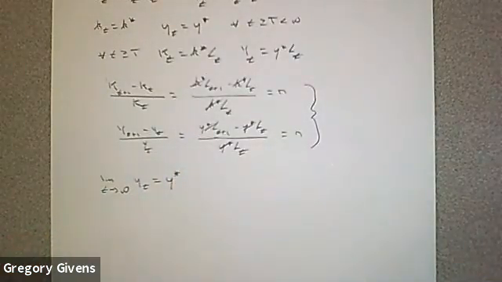So output per worker eventually settles down to a steady state. This is actually inconsistent with the data. If you look at growth rates of per capita levels of output across the world, even in the most advanced economies like ours, we still have growth rates of per capita output around 2% per year, something like that.